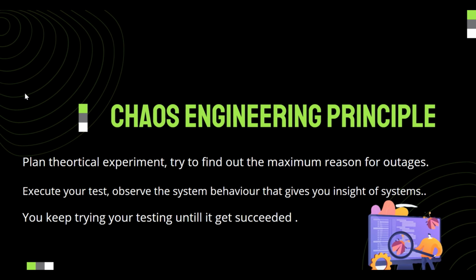Then if it succeeds, you create the plan again, you create the hypothesis, and after that you observe the system behavior. Then next time you plan for 10 cases, 15 cases, right? You think from each and every corner about the circumstances in which your system may fail, right? And continue testing. So that is exactly the chaos engineering principles.